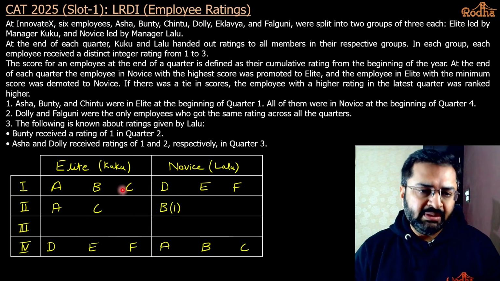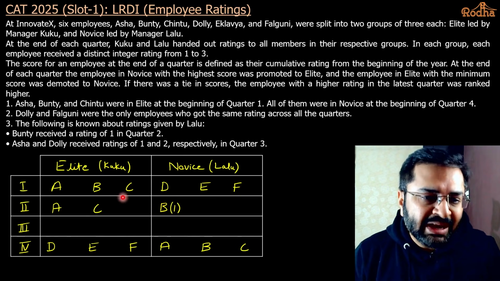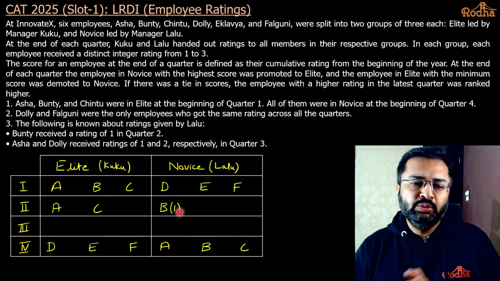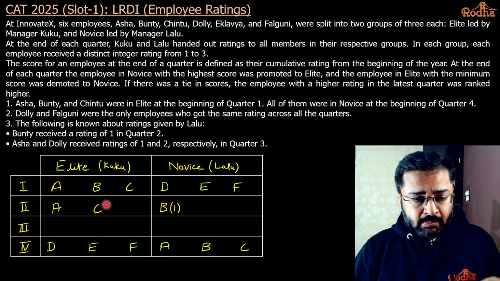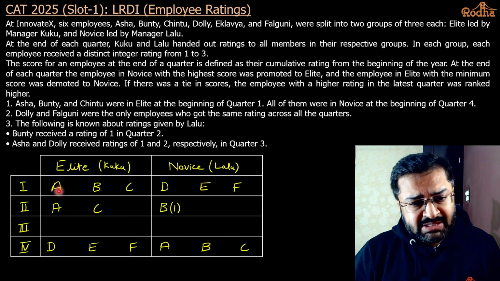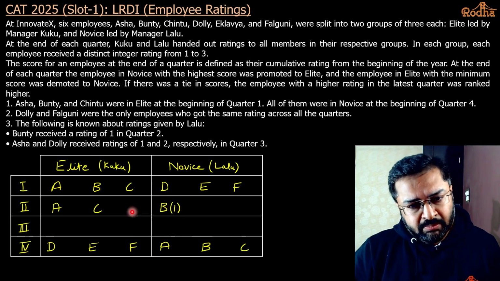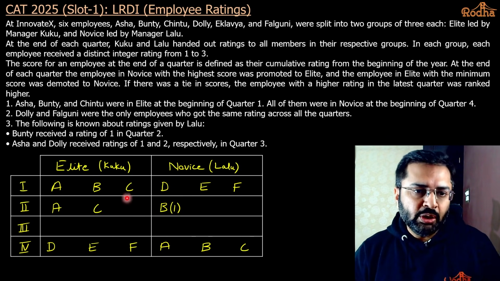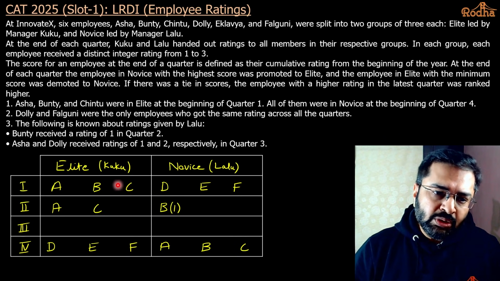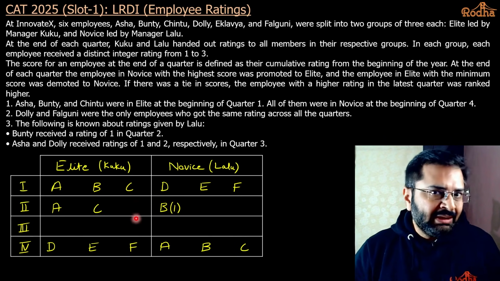The question permits that one person moves from one group to another, and then the person can come back again. But here, since A, B, C all move to novice, and D, E, F all move to elite, the only way it can happen, just think about it logically, is that the person who is transferred to another group never comes back.